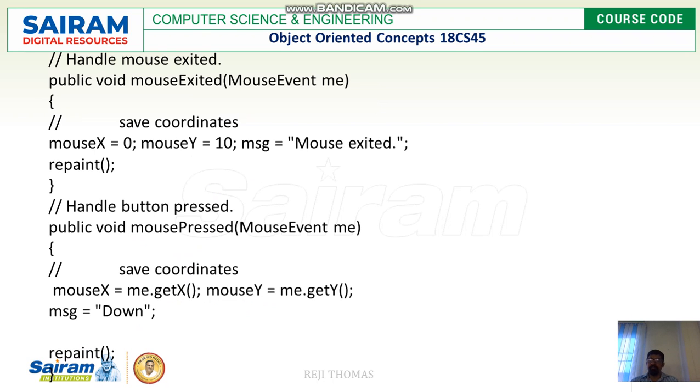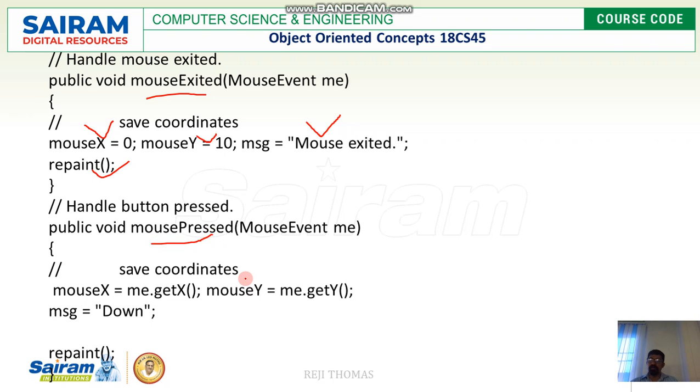Next we have mouseExited. There also we initialize the x and y coordinates, and we are going to print the message mouse exited, which we are going to repaint. And the last one is mousePressed. So we are dealing with four methods.